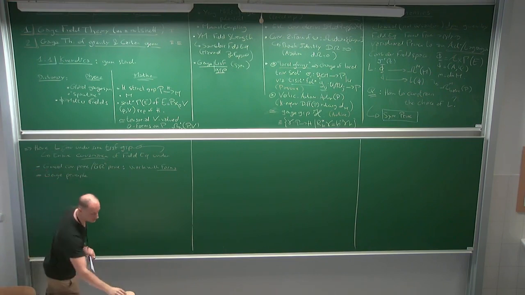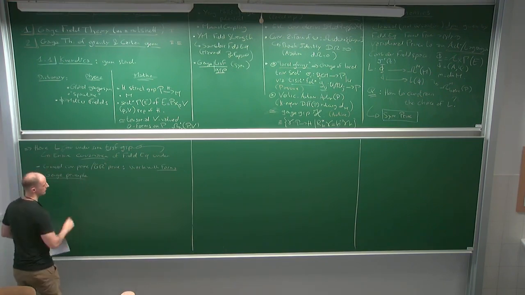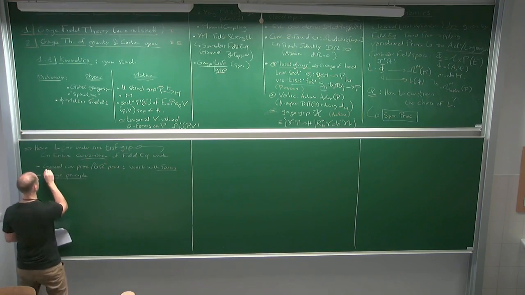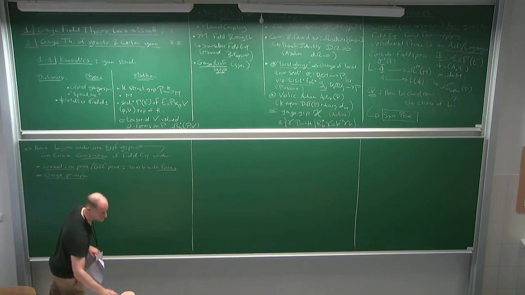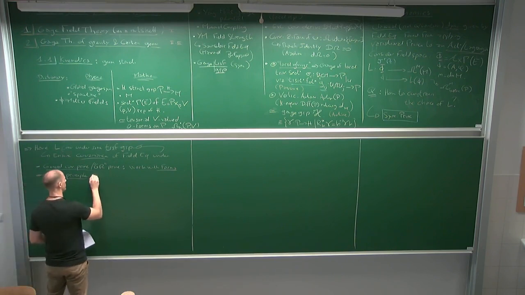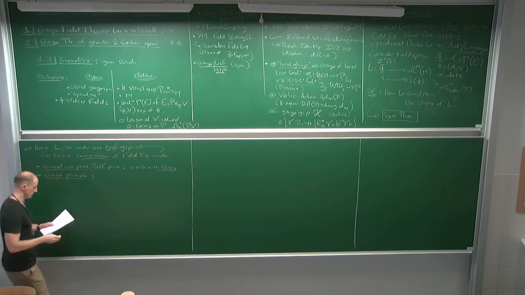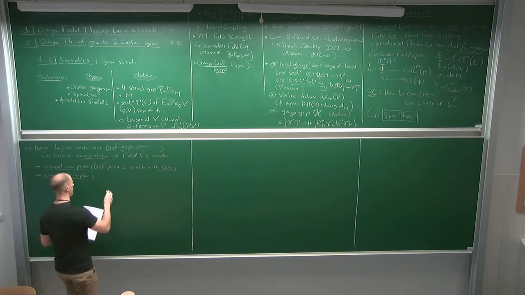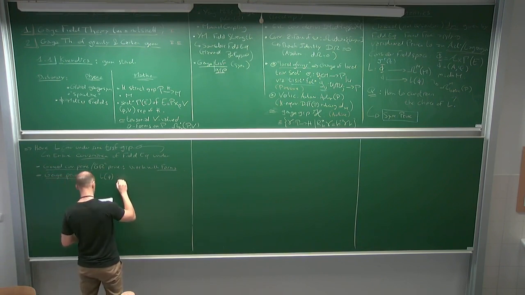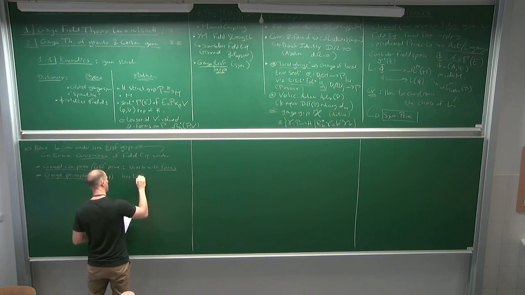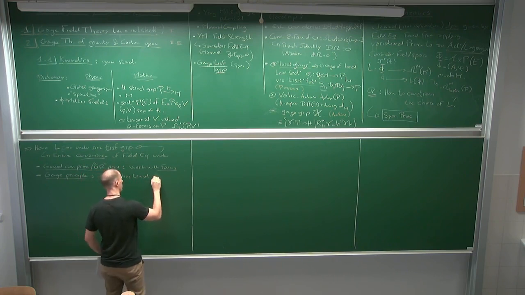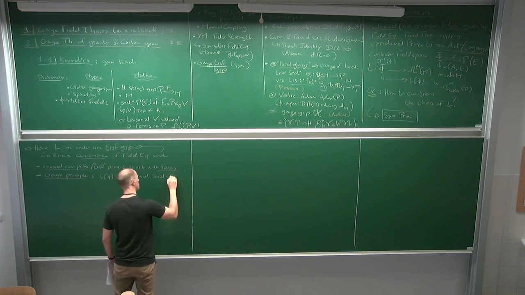This is of course key to gauge field theory. The previous one is key to general relativistic physics, but this is key to gauge field theory. And this is simply to ask that L, the Lagrangian of your field, either have trivial local gluings.